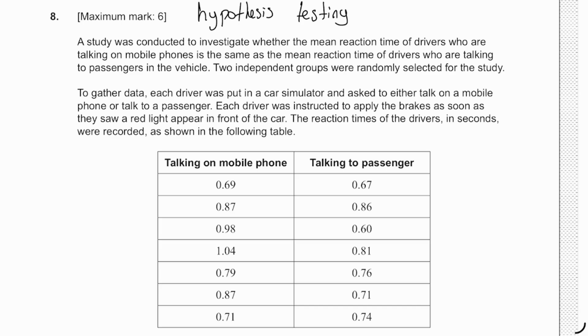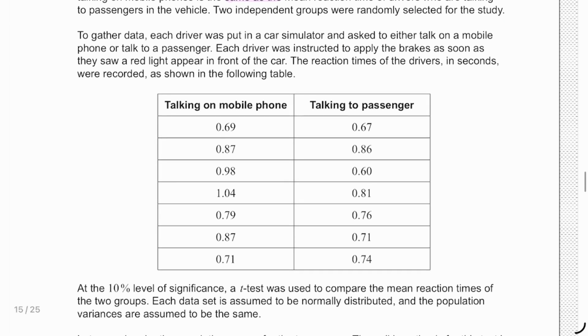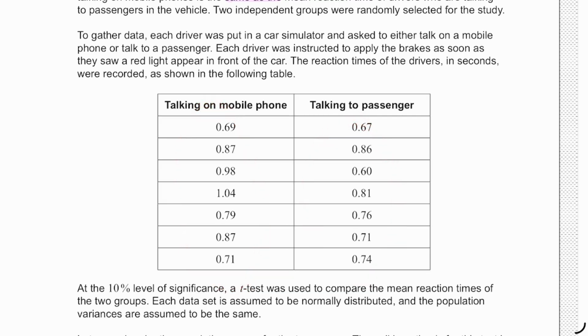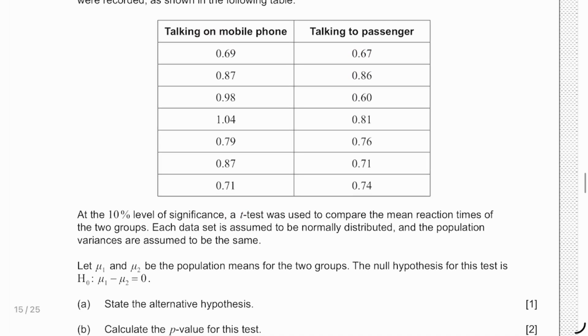Okay, so is the same as. They are not saying more than or less, right? Two independent groups were randomly selected. The data is given, so this is their reaction time as far as I understand. At a 10% significance level.